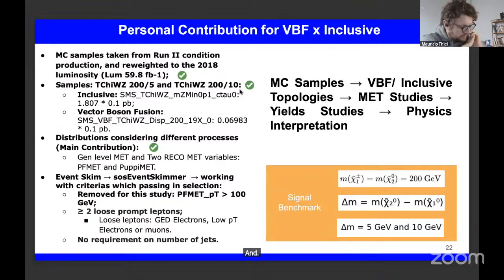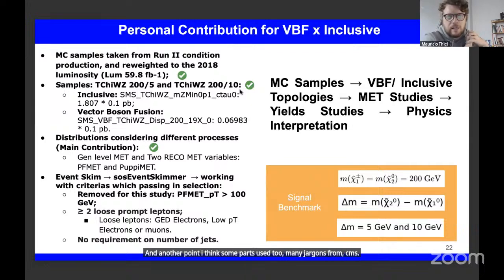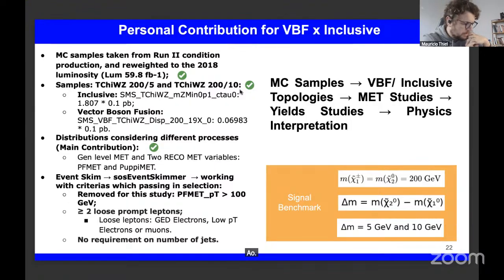Another point: in some parts you use too many jargon terms from CMS and from this specific analysis. I think maybe Mansilla was a bit lost in some points with the CMS terms, and I was a bit lost with some terms of this specific kind of analysis. So I think you could explain some jargon better and also put in more references.